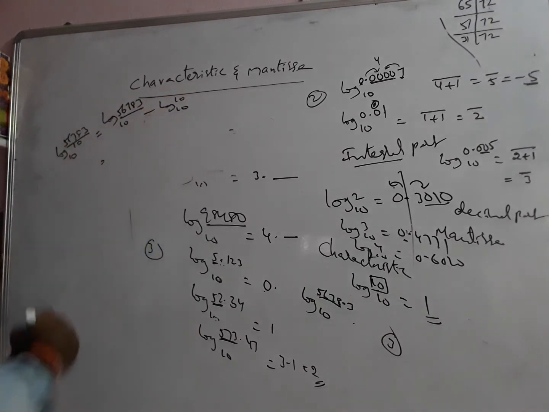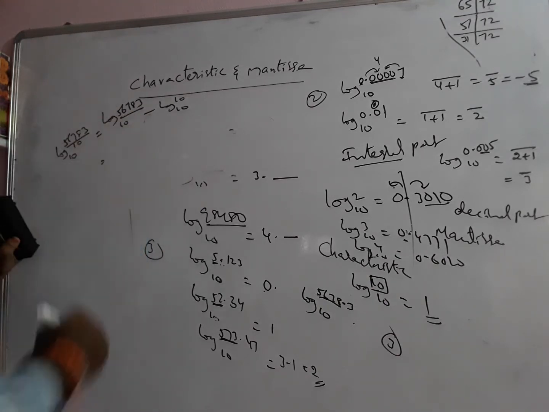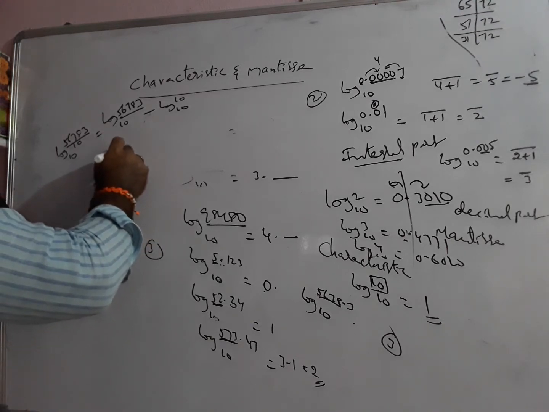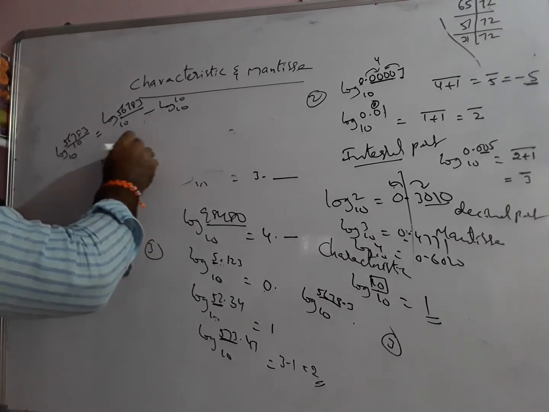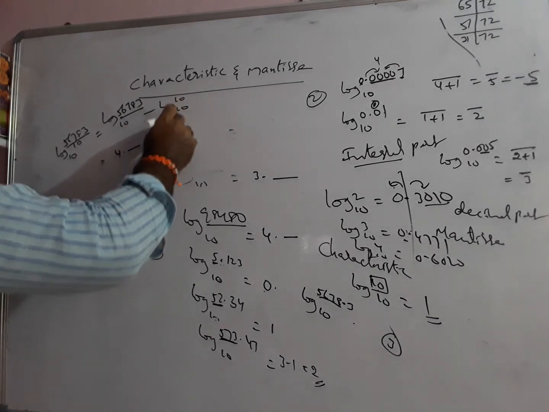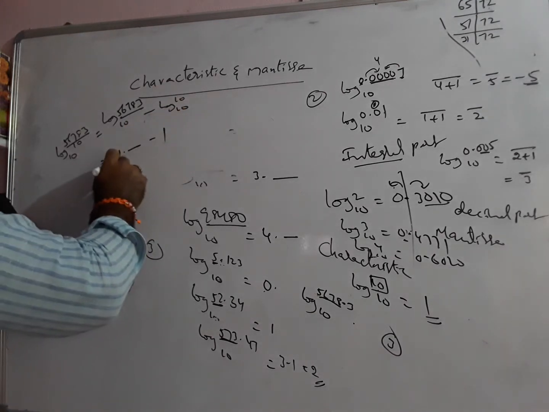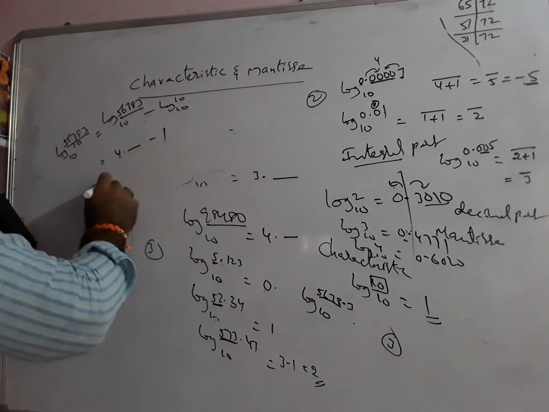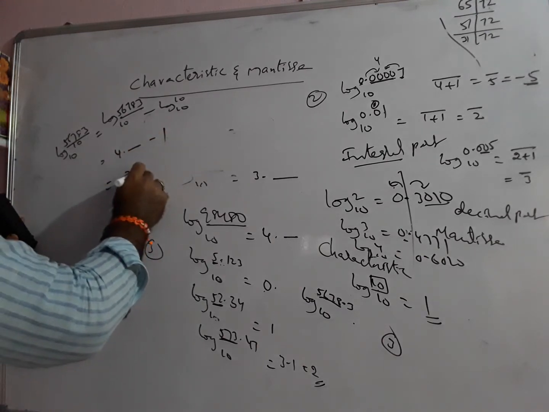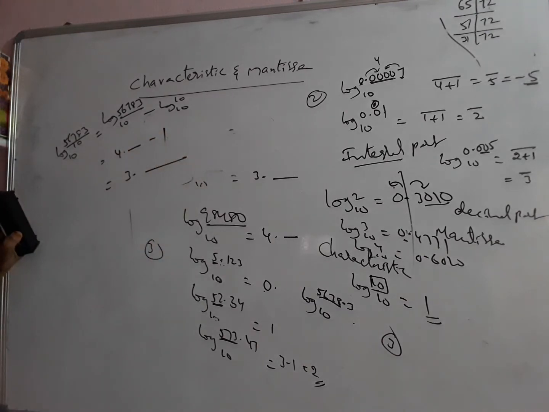So here purely natural number, the number of digits, how many are there? There will be 5. Here 5 digits means characteristic is equal to 5 minus 1, 4. 4 point something. Minus, here log 10 to the base 10 means 1. So your characteristic is going to be 4 minus 1 is equal to how much? Finally the characteristic is 3 point something.